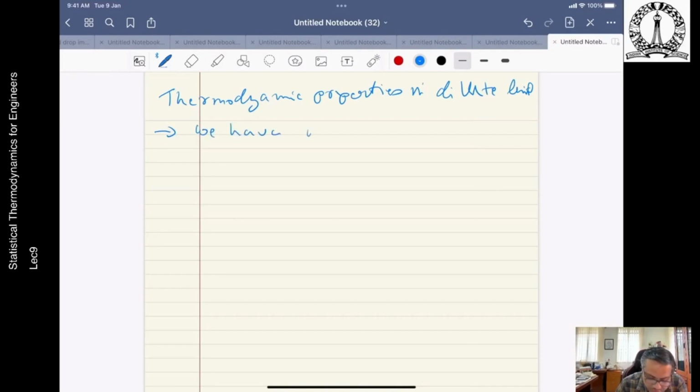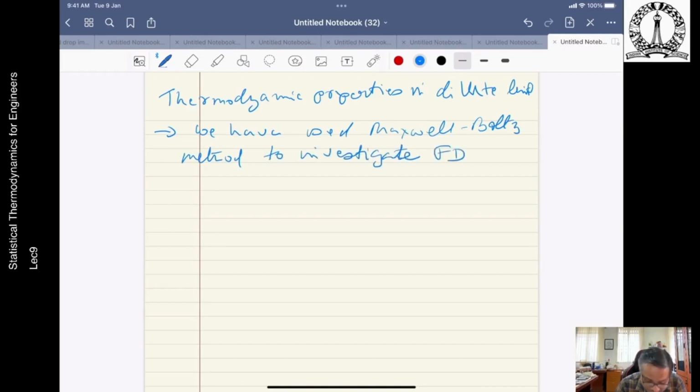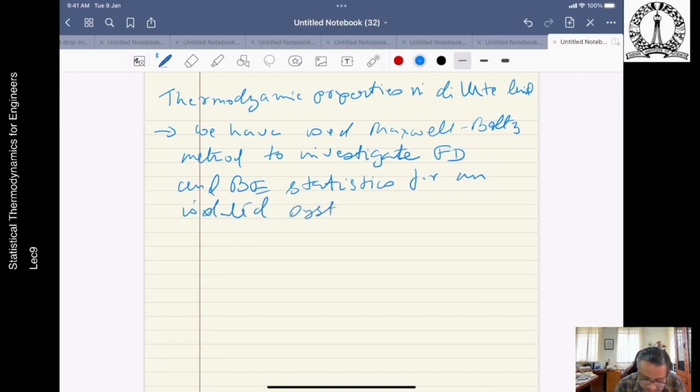We have used the Maxwell-Boltzmann method to investigate FD, that is Fermi-Dirac, and BE, which is Bose-Einstein statistics, for an isolated system of independent particles.